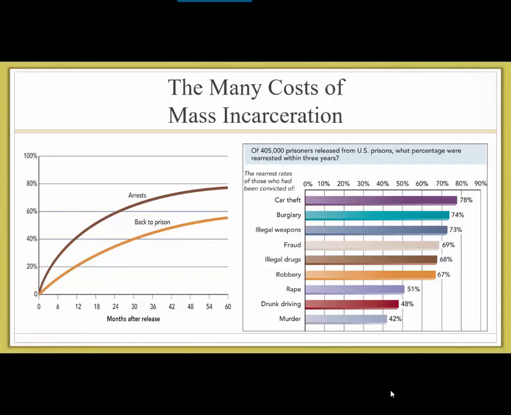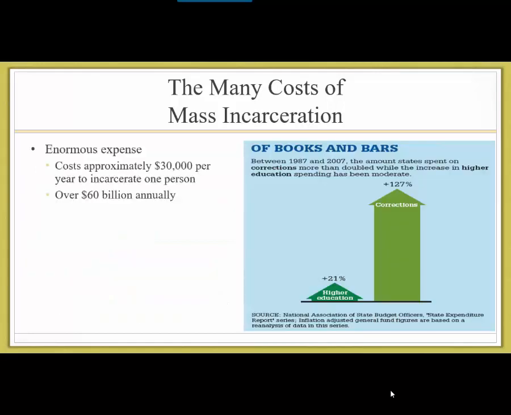All of that lends some credibility to this argument of, if jail isn't making society safer, if it's not deterring people from committing these types of crimes, and it's not making people better, is it in fact money well spent? And so it is extremely expensive.